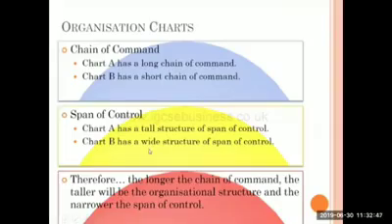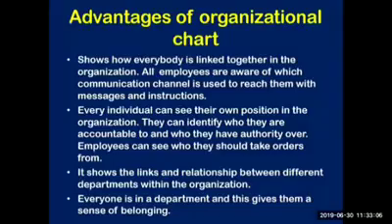Therefore, the longer the chain of command, the taller will be the organizational structure and the narrower the span of control. If the chain of command is longer, the organizational structure will be taller and the span of control will be narrower. Okay. Advantages of organizational structure.